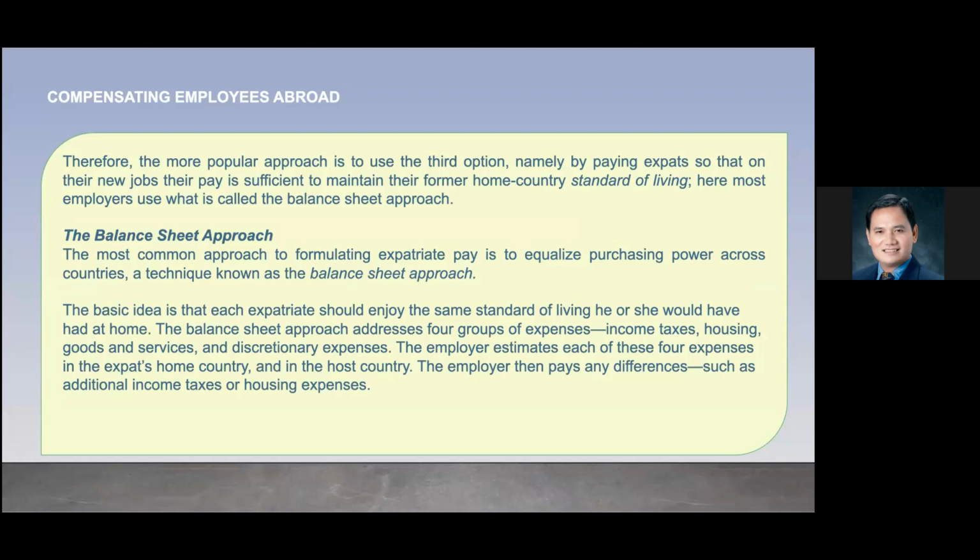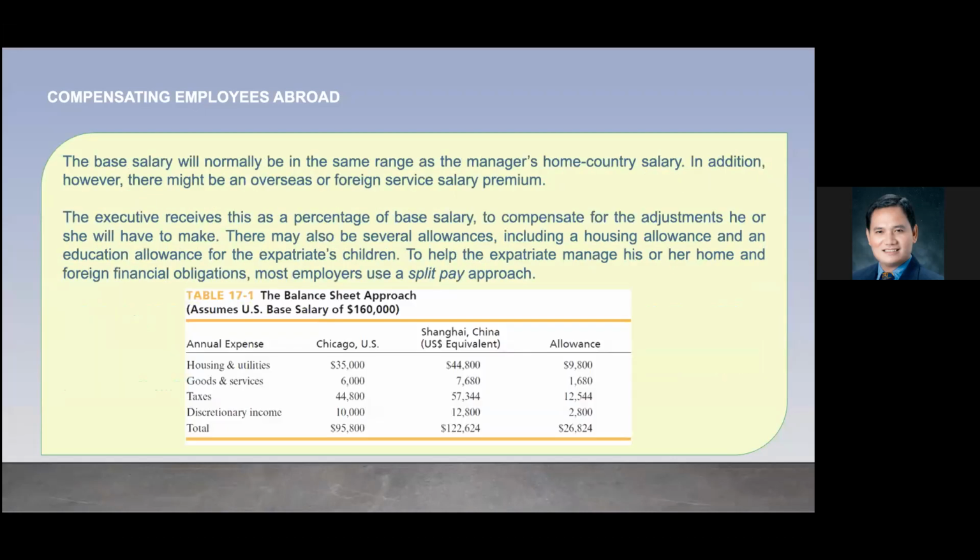The employer estimates each of these four expenses in the expat's home country and in the host country. The employer then pays any differences, such as additional income taxes or housing expenses. The base salary will normally be in the same range as the manager's home country salary. In addition, however, there might be an overseas or foreign service salary premium.